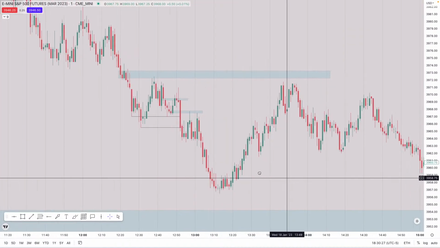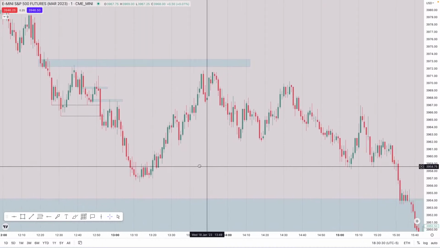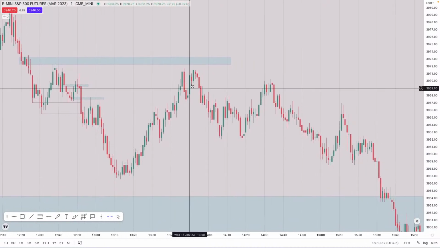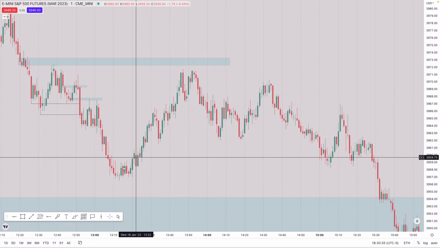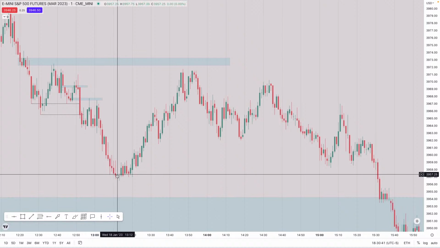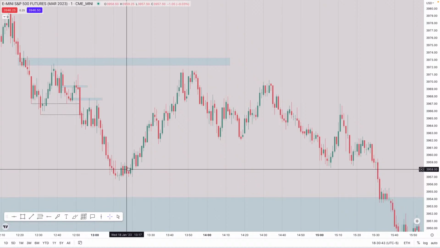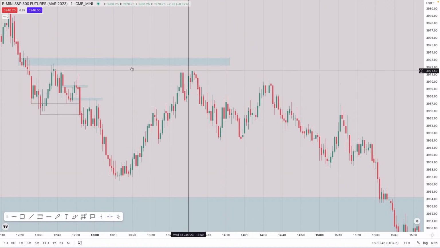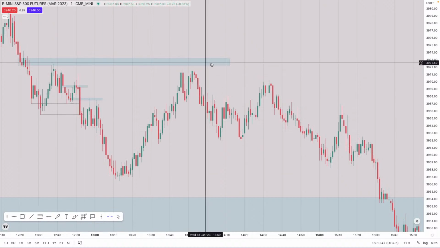So we do get some retracement back, and this was the biggest retracement of the day. Notice how we got just above this daily fair value gap, and then it makes this big retracement back up, but it never breaks into this order block.